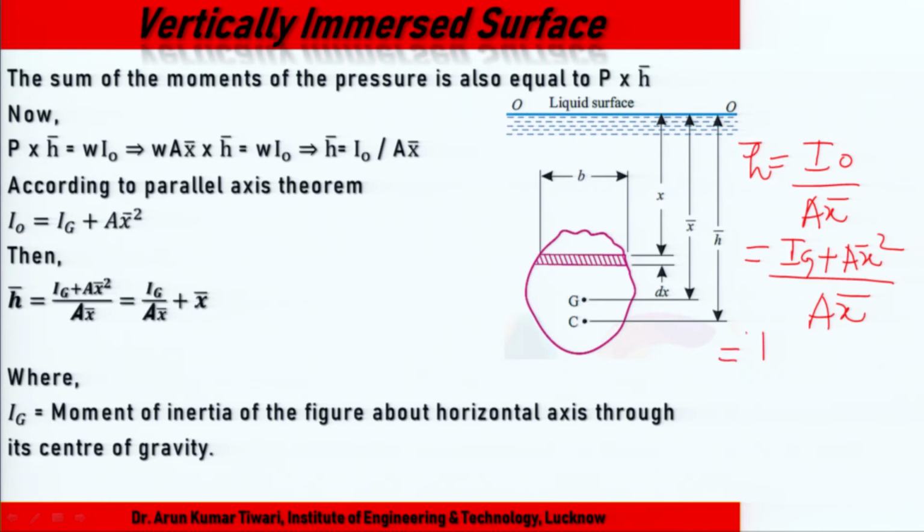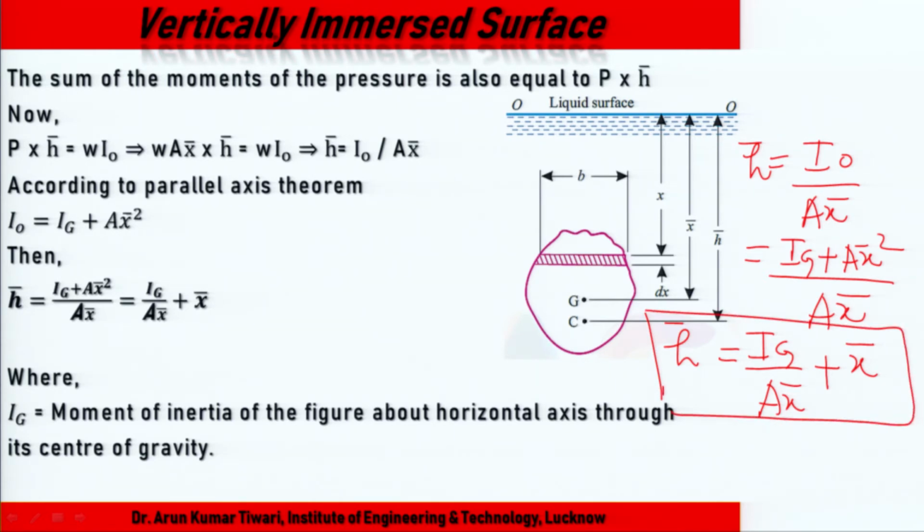So this becomes h bar equal to I g upon A x bar plus x bar. What is I G? It is the moment of inertia of the figure about the horizontal axis through its center of gravity. This is how we calculate h bar.